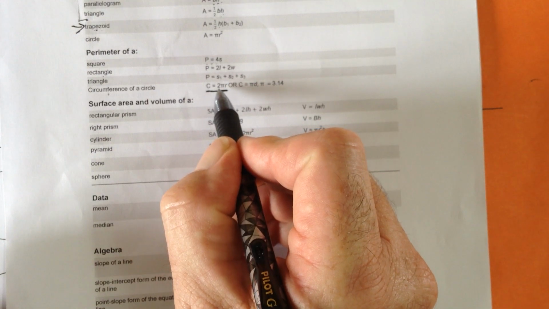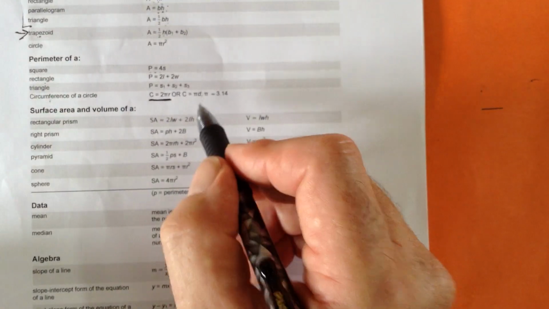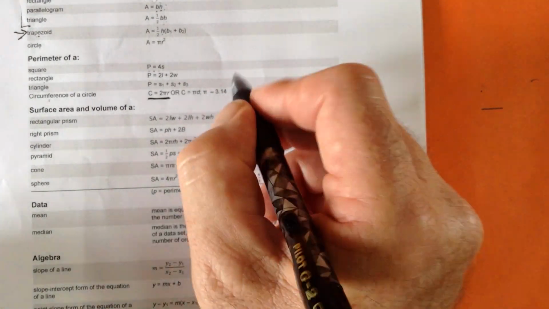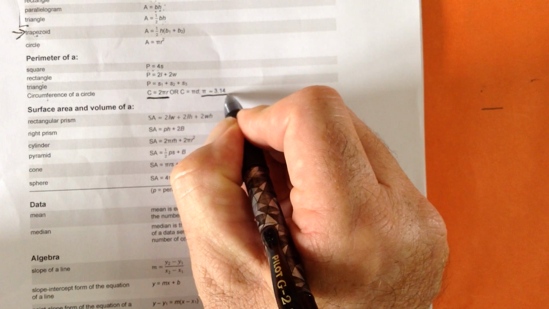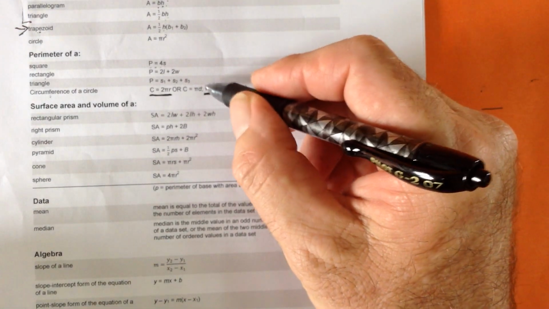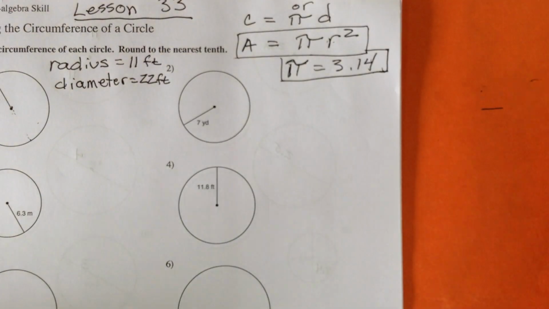You can do 2 times pi times the radius, or you can go pi times the diameter, and I'll show you that. Here it even tells you that pi is 3.14. You need those. Another important thing is that you know this symbol and these formulas.